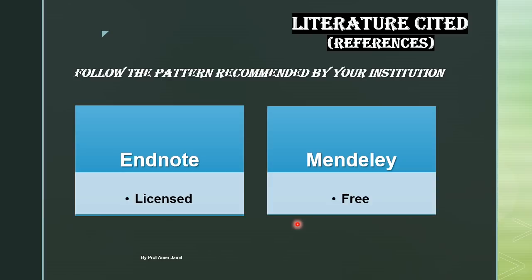There are many more software packages that help you write the references and literature cited. I personally like EndNote because you can create libraries in it and then use it offline. However, the choice is yours, but it is mandatory that you follow the pattern recommended by your institution, whether it is APA style or whatever style it is, and you should use any of the software rather than going for manual addition of the references.